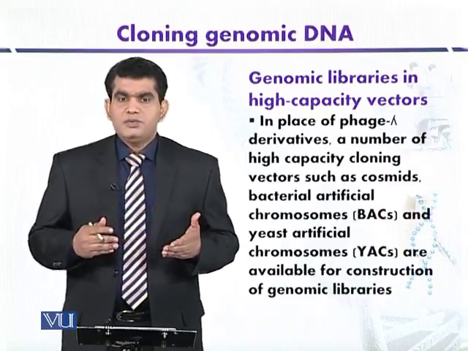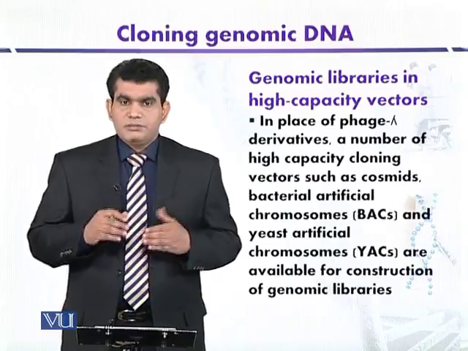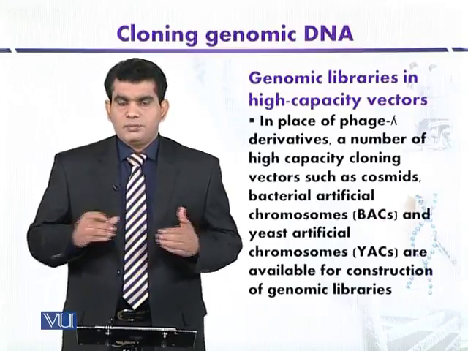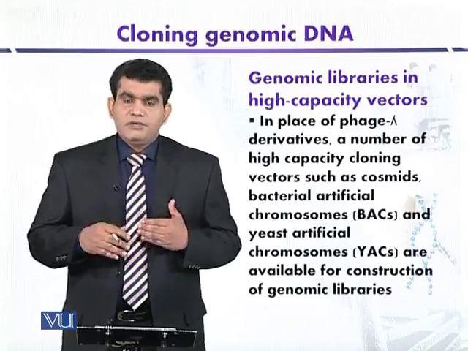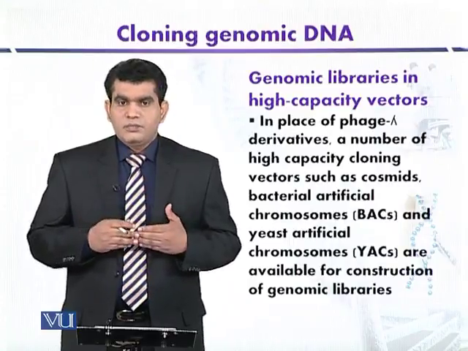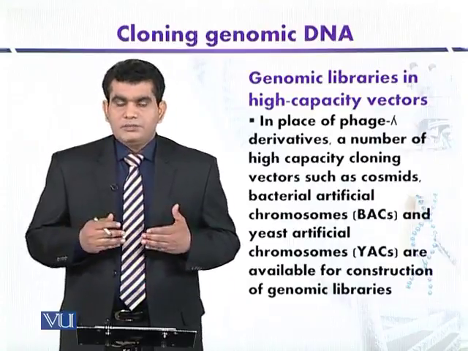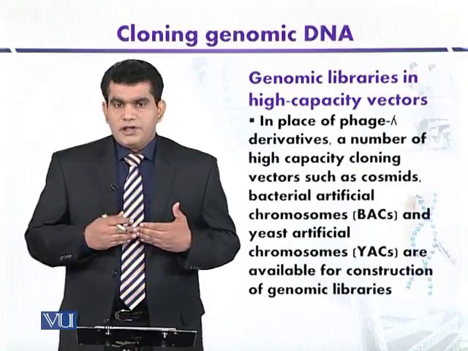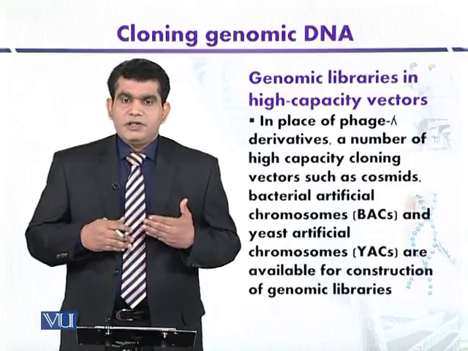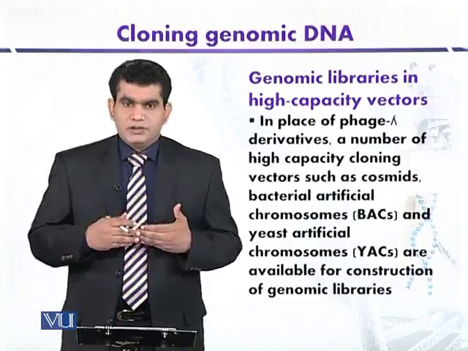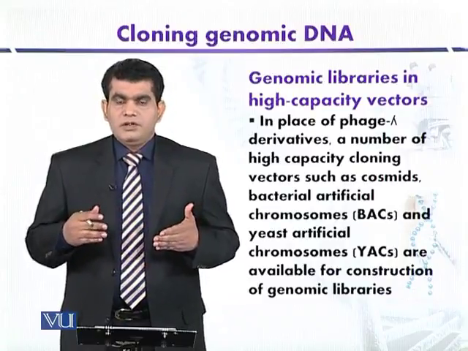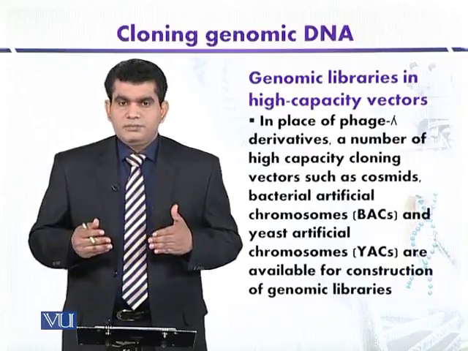And hybridization we use to detect our gene of interest by using a specific probe. Whereas in the case of lambda vector, the DNA hybridization is very clear. It gives clear results. So this is one of the advantages of bacteriophage lambda.